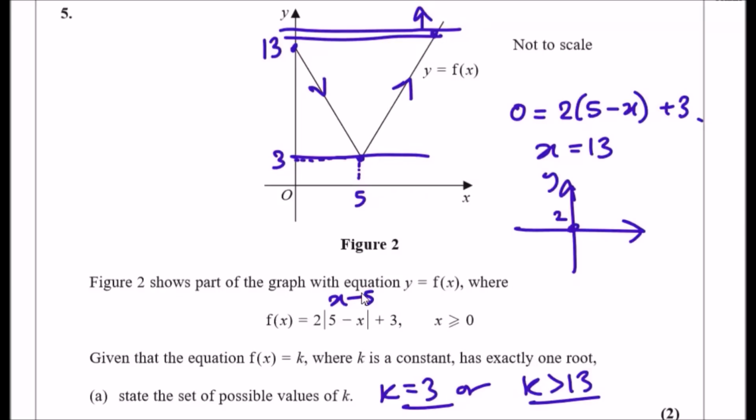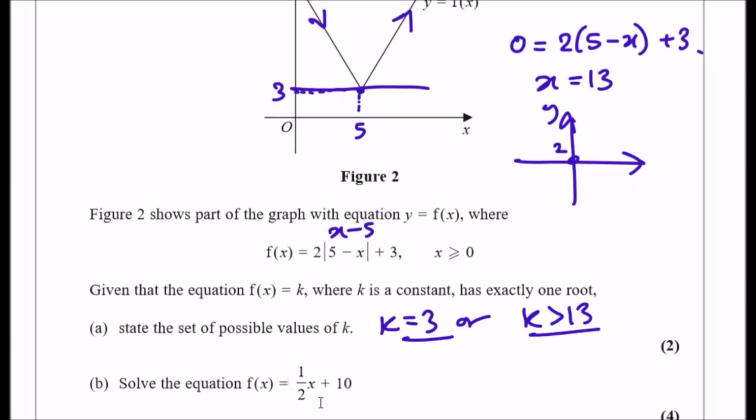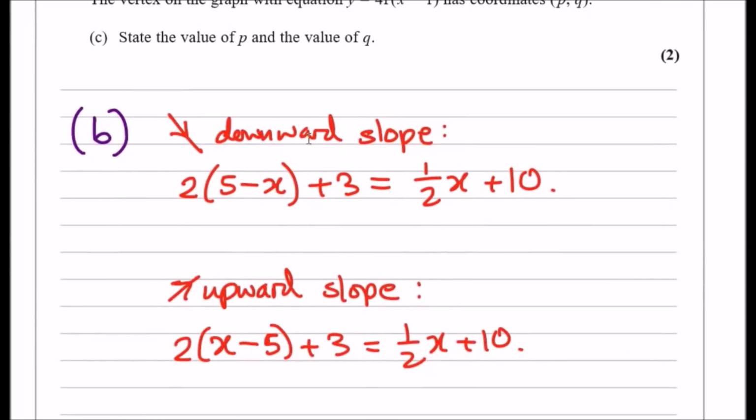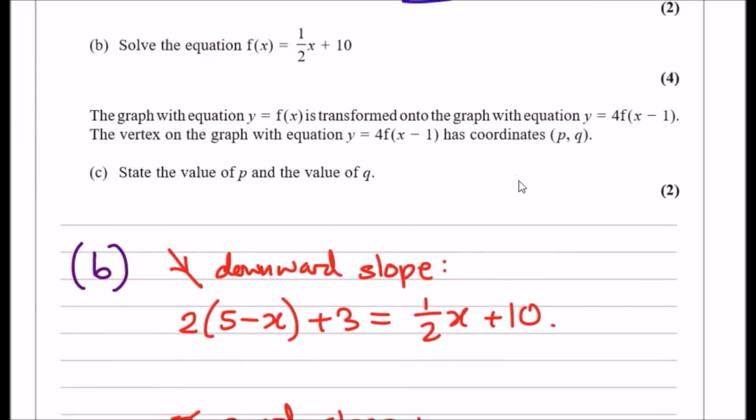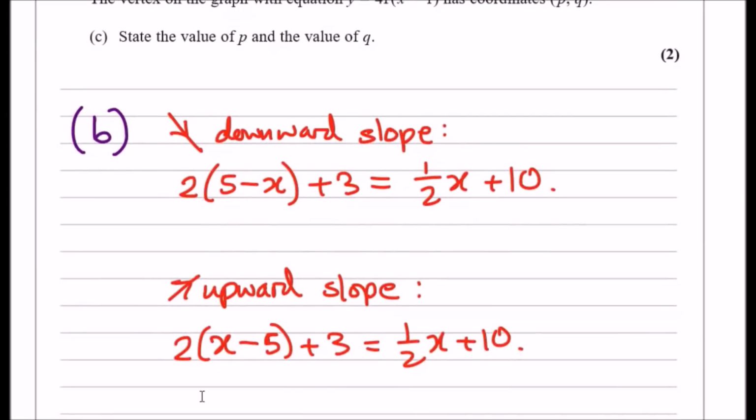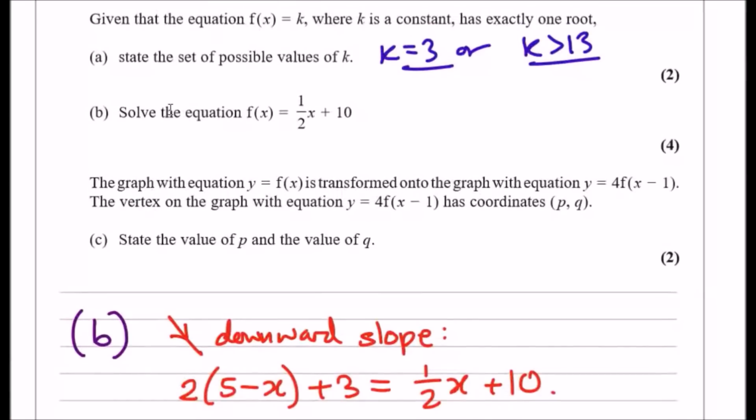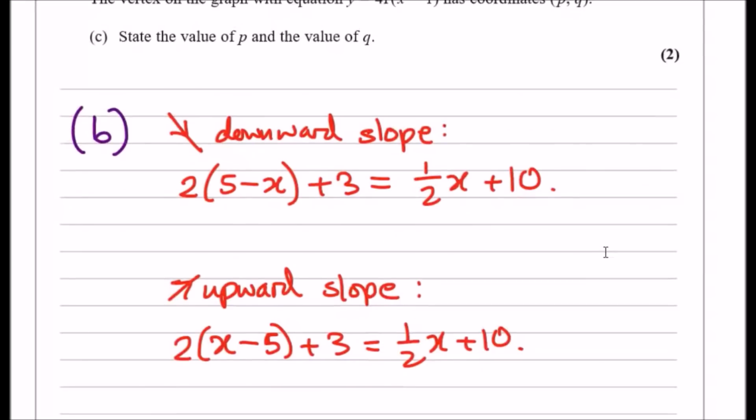So essentially, you have these two equations equal to this equation. The downward slope equals the function from here, and for the upward slope you just swap it around to make x positive, and equate it to the second function. Now all you have to do is expand, solve it, and you get your two solutions.